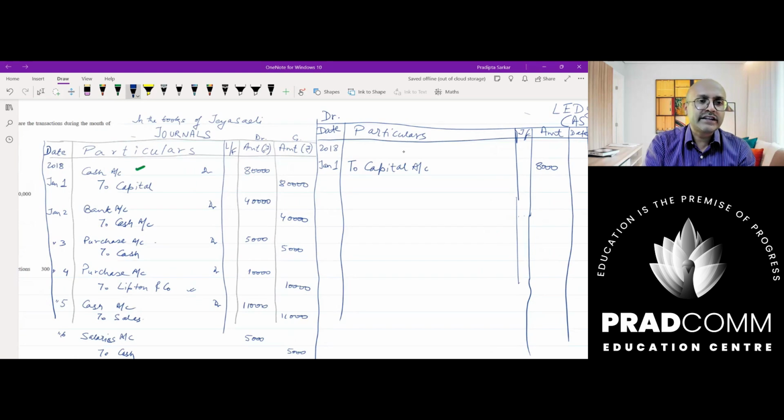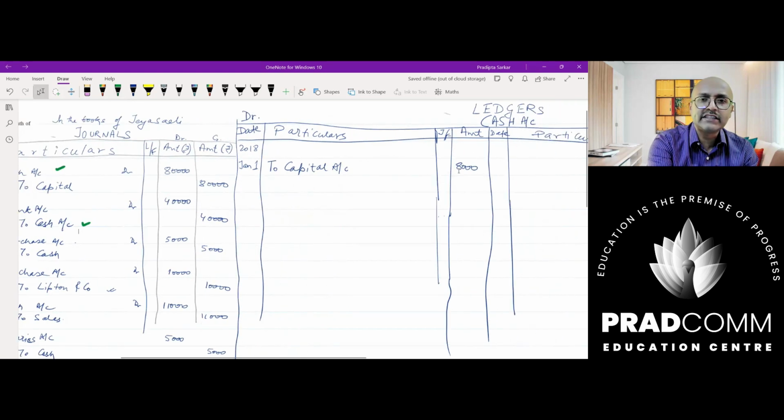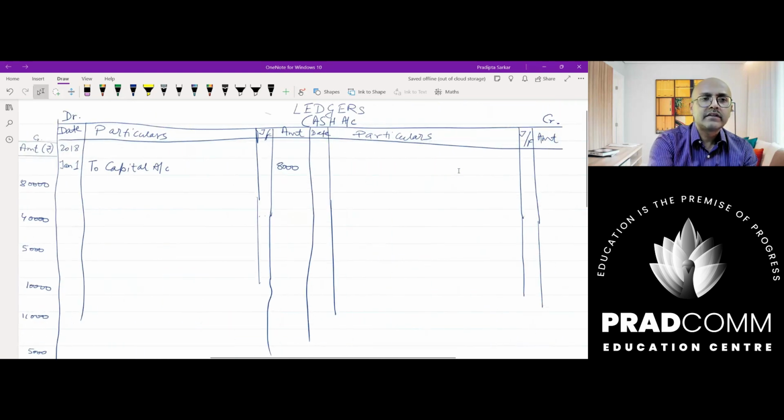Cash account is credited over here. Since cash account is credited, it will come on the credit side of the ledger. Date is 2nd Jan, 2018. 40,000 was credited.